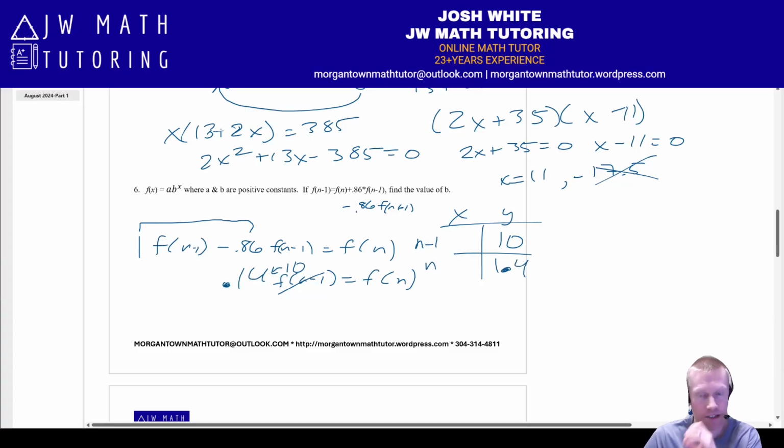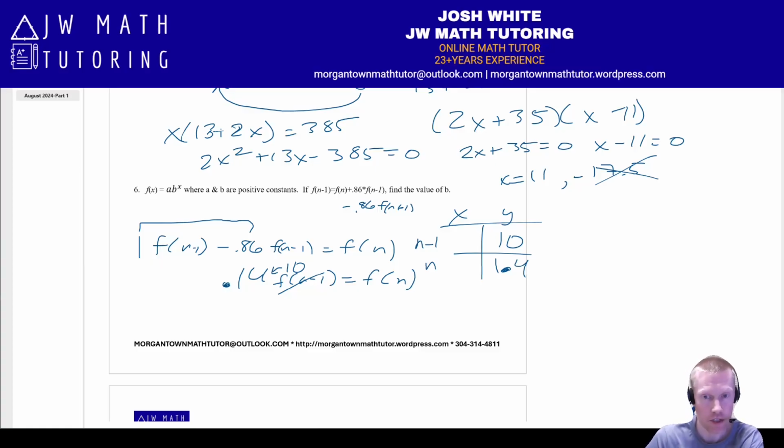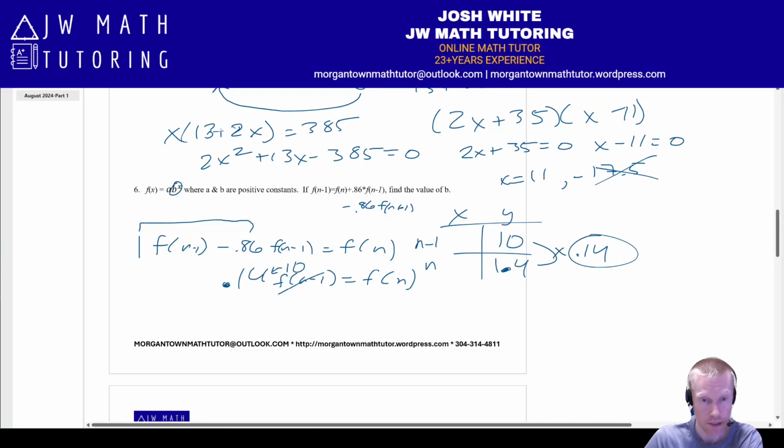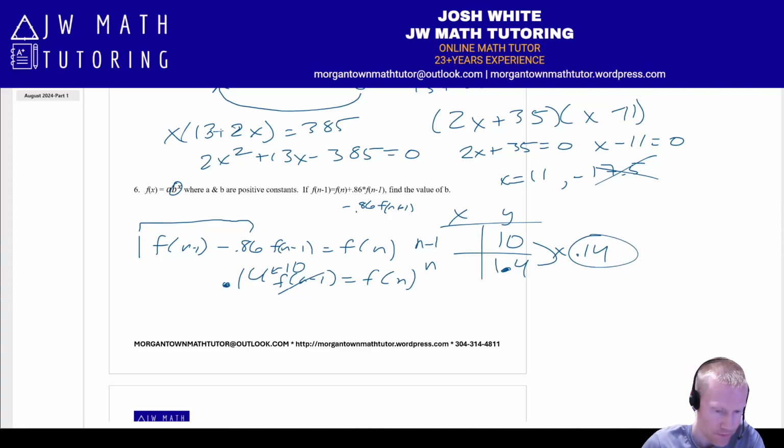So this is just a decreasing exponential function. In other words, to get your current y value that you're calculating, you take the previous y value, the y value that corresponds to 1 prior to whatever x value you're looking at, and you multiply it by 0.14. That means b is 0.14. And that's basically the answer, and that's it.